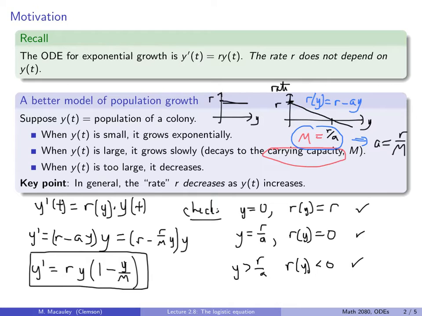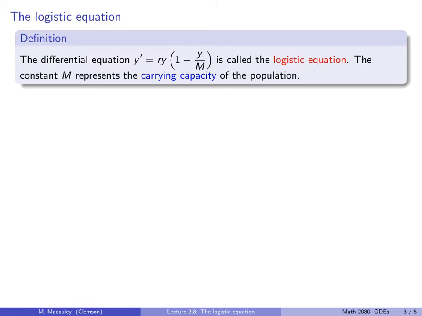And this is 0 when this is 1, which is when y, the population, is equal to the carrying capacity m. So to summarize, this differential equation is called the logistic equation, and the constant m represents the carrying capacity of the population. So the next thing to do, of course, is to solve this.